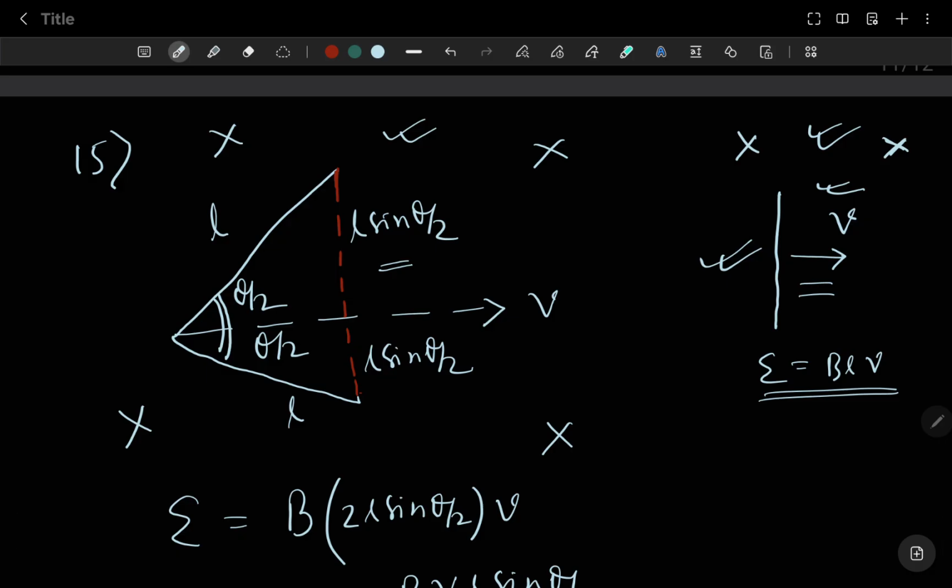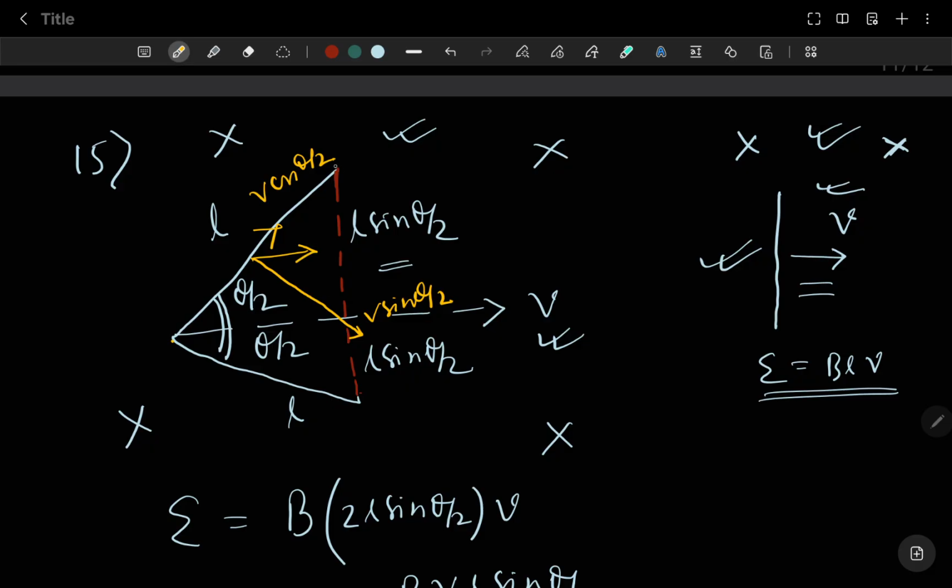Also you can take the components of V, the component of V perpendicular to the length. The similar thing will happen. I'm using a different color to denote. If you take the components of V along the length, then it becomes V cos theta by 2, and perpendicular to the length, it becomes V sin theta by 2. If this is your V, clear?